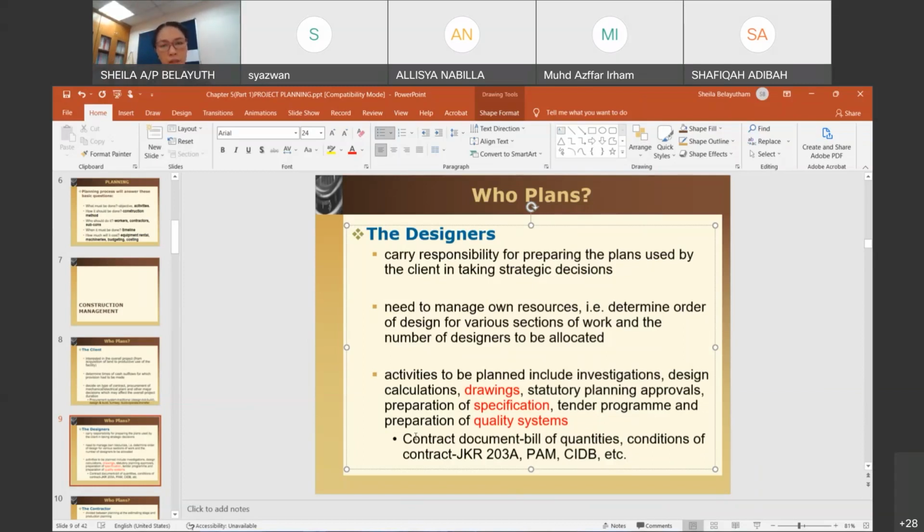The addendum needs to be provided together. So this is very important because it sets the condition, especially if you have delay, how can you apply for extension? What are the reasons you can provide so that extension could be granted? Otherwise, you will need to pay the penalty, the LAD. So this is very important because we didn't see it here earlier. So conditions of contract is part of the contract document.